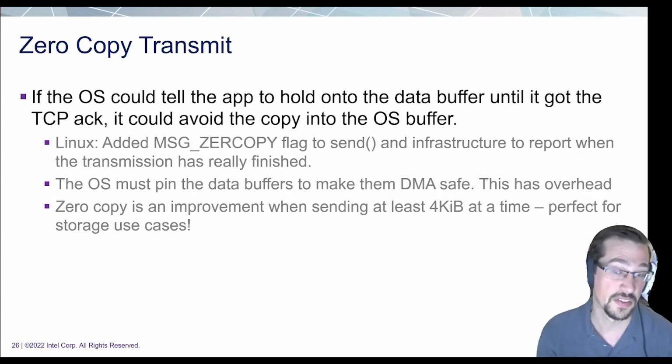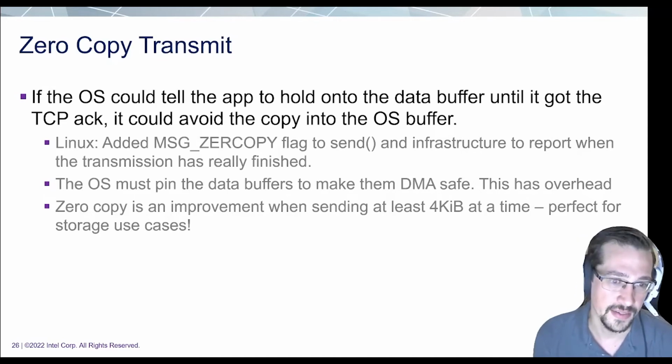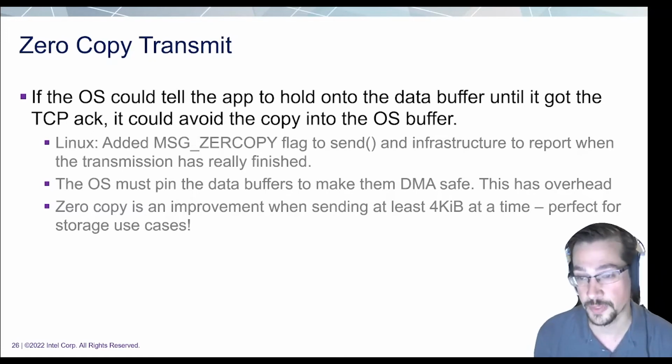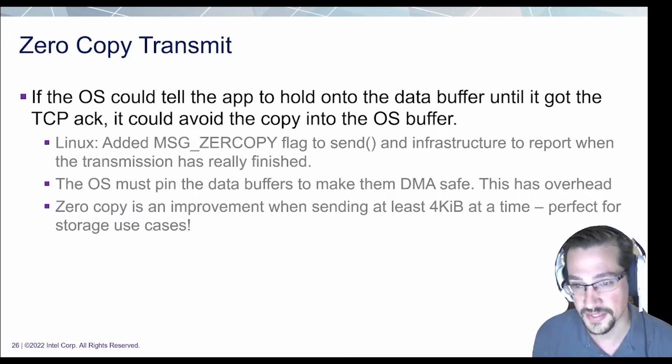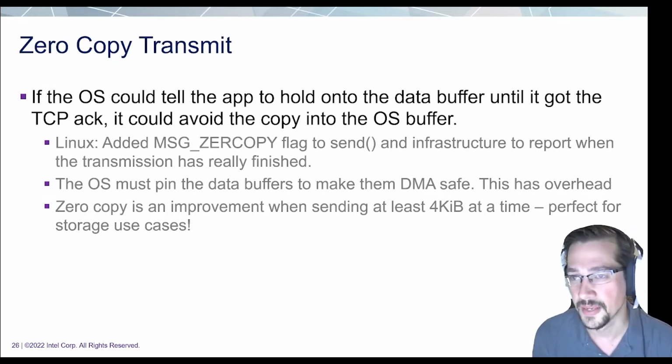We actually find that it's better than that. We find that it is at least breaking even at 4K, and it is better at anything larger than that. For sending, it's quite considerably better the larger the send is. So if you can batch your sends up, the bigger the better. It gets very good.